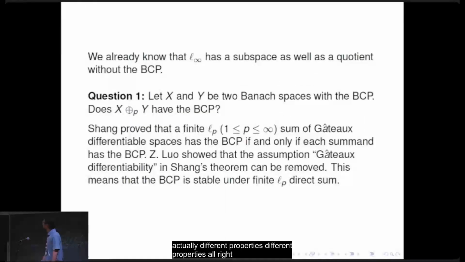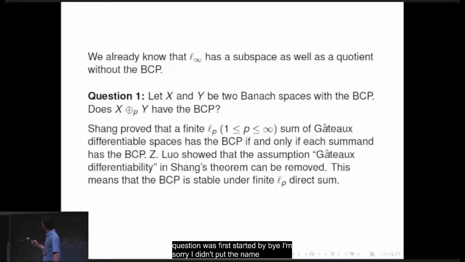All right. Another natural question for Banach space analysis is the following. If you have two spaces with property P, you look at the direct sum, whether the direct sum has the same property, okay? This question was first studied by, I'm sorry, I didn't put the name here.